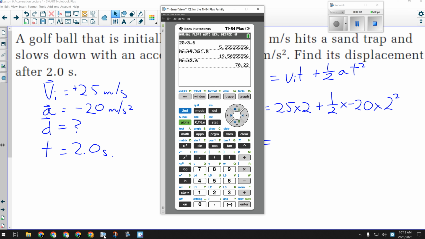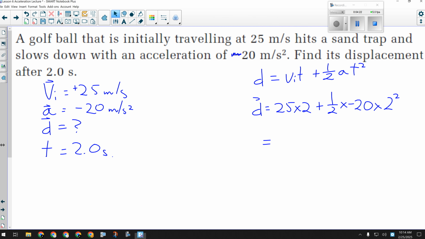Positive 10? Okay, 25 times 2, so there's the first part, plus 0.5 times negative 20 times 2 squared. I made the mistake the second time, not the first time, where I added them like they were both positive. So 10 meters, and that would be positive.